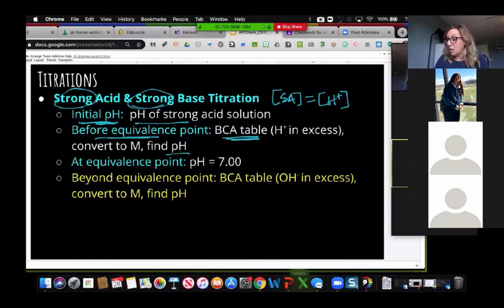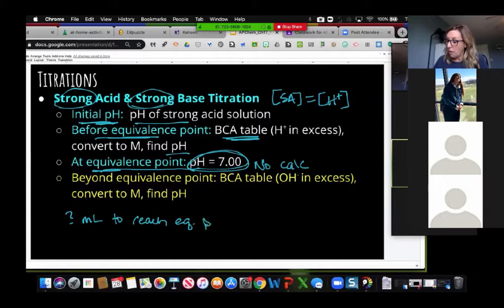And then if it's at the equivalence point, then that's an automatic pH of 7. So you don't have to do a calculation for this one. If it wants to know what is the pH at the equivalence point, then you just say that it's 7 because it's a strong acid, strong base titration. That's kind of a by definition thing. The only other thing you could have to calculate on this is either how many milliliters to reach the equivalence point, or they might ask you what is the concentration of the unknown.